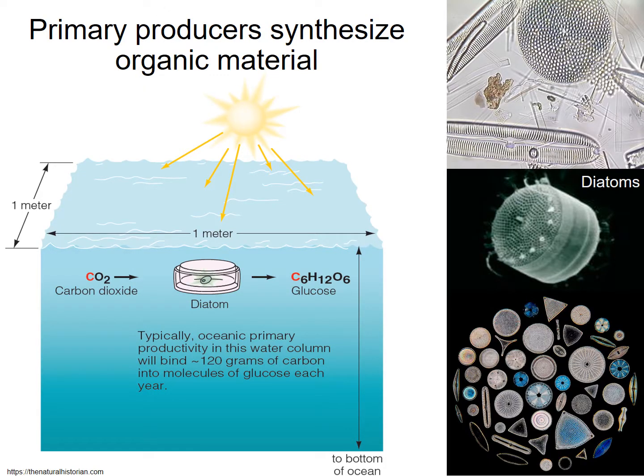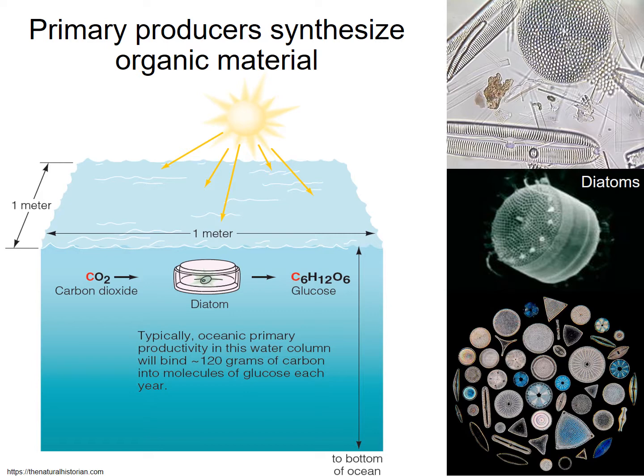Primary producers synthesize organic material. So here in this case, you can see the diatom, which is a phytoplankton, and it photosynthesizes carbon dioxide with the help of sunlight into a glucose or a starch.